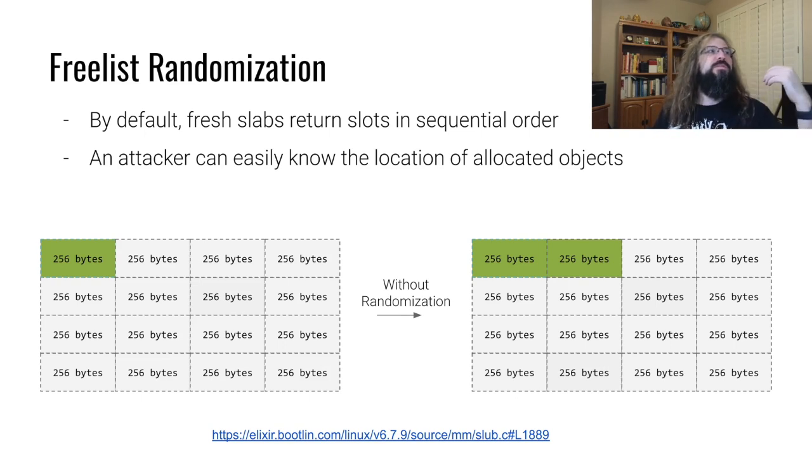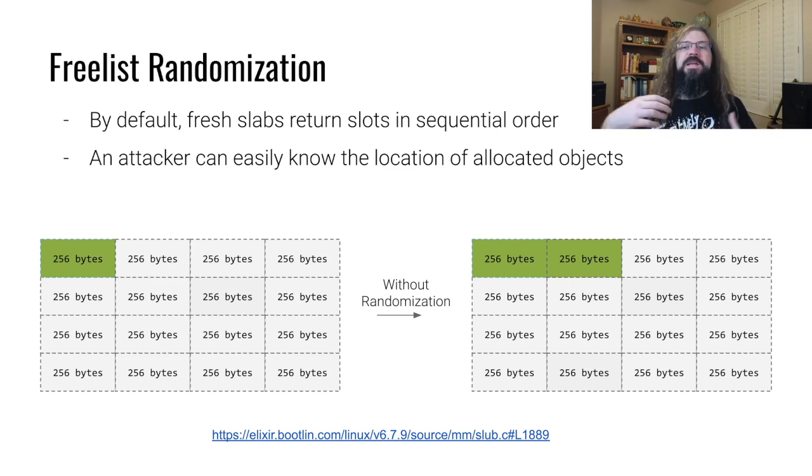Now, this is beneficial to an attacker because an attacker can easily know where in memory allocated objects relate to each other. And generally speaking, an attacker's goal is to get two objects right next to each other in memory, or to strategically place objects in memory such that there is some property.